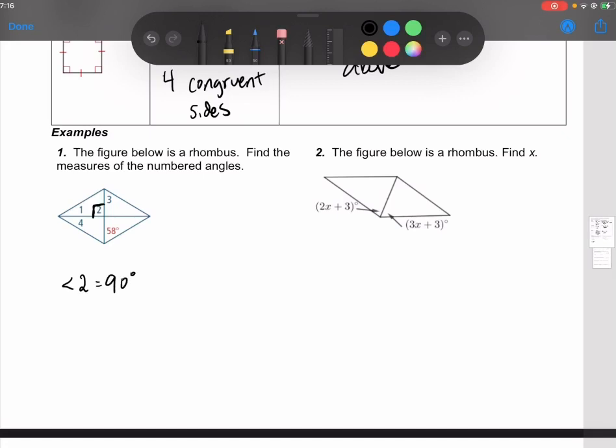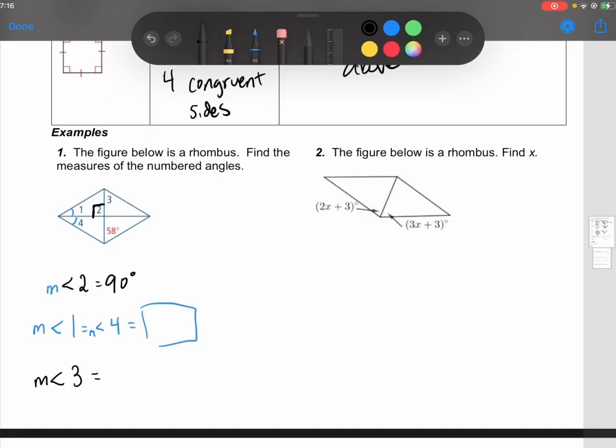The next thing that's important to know is that angle 1 and angle 4 have to be congruent because they are cut exactly in half by the diagonal. So the measure of angle 1 is equal to the measure of angle 4. We'll figure out what that is in a second. And then angle 3 is going to be separate because it's along a different diagonal, so the measure of angle 3 is going to equal something else.